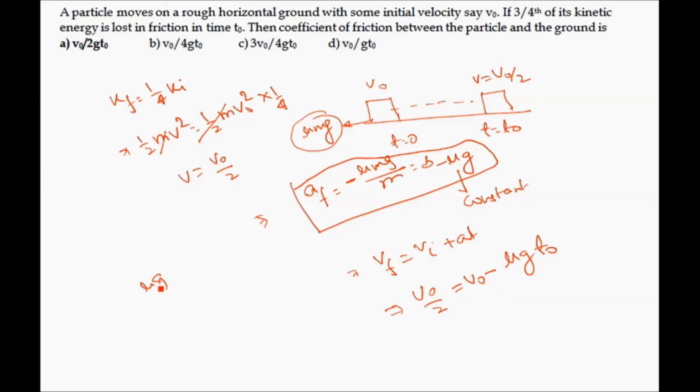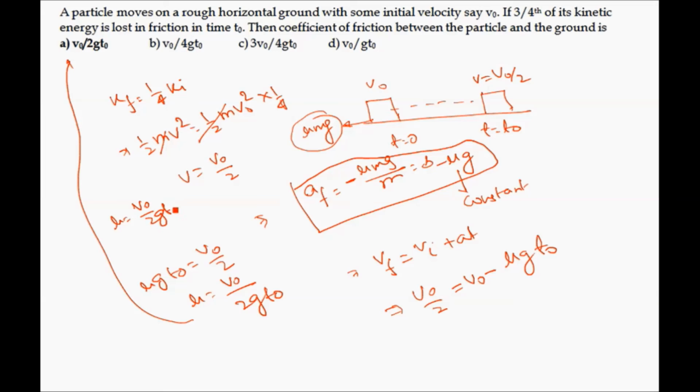So mu g t0 is equal to v0 by 2, and mu is equal to v0 by twice g t0. So if you see the options, option A will be correct. Mu is equal to v0 divided by twice g t0.